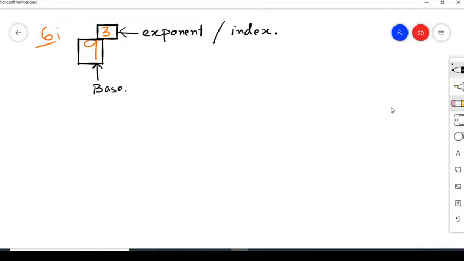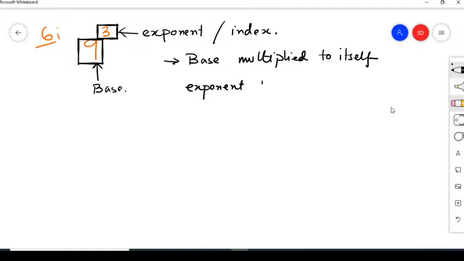Now whenever we have something like this, it means the base has to be multiplied to itself exponent number of times. How many times? Exponent number of times.